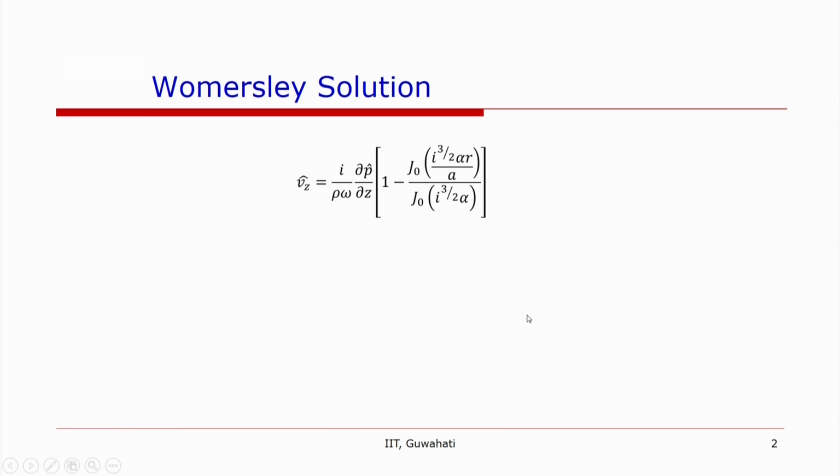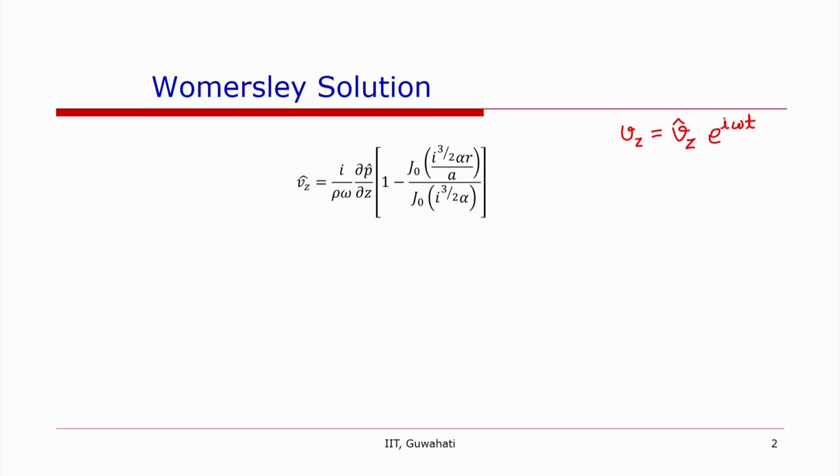The solution that we obtained, we call the Womersley solution after Dr. Womersley, who looked at pulsatile flow in rigid tubes and derived a number of relationships for it. We said that the velocity Vz is Vz cap, which is a function of r, times the time dependent term e to the power i omega t.